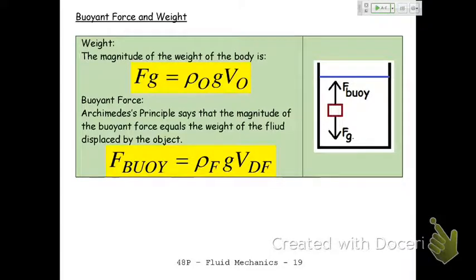And this all came from Aristotle, who supposedly was having a bath. They'd filled the bath up to the brim. There was not one of those little overflow things you have in most bathtubs. He got in and the water spilled out. He realized that he was displacing water, and that the water did not want to be displaced.